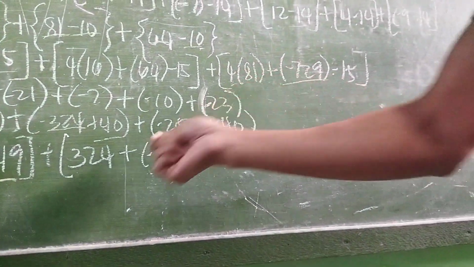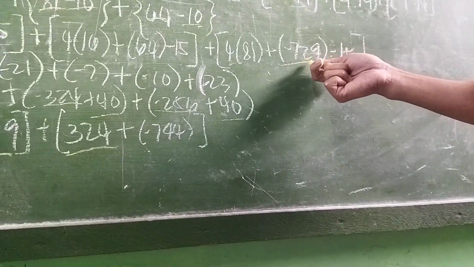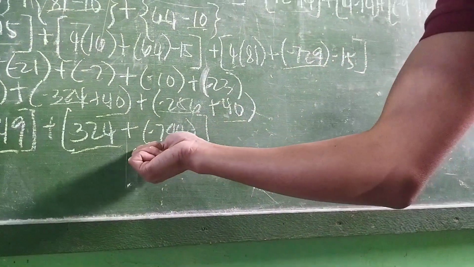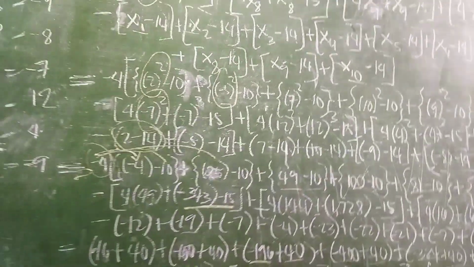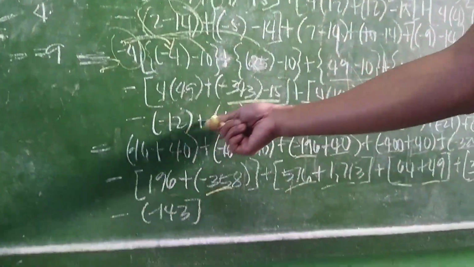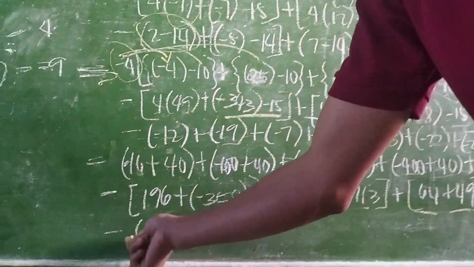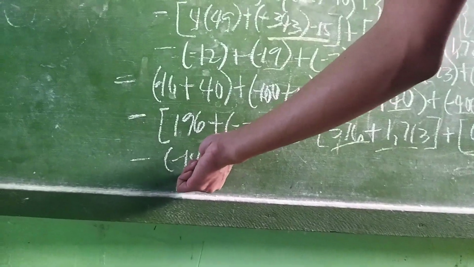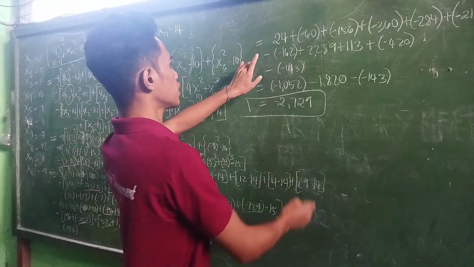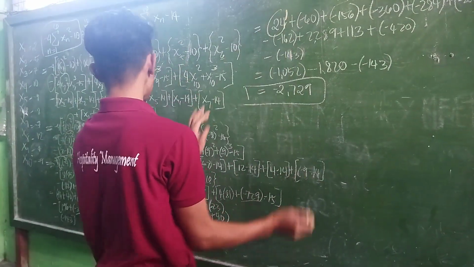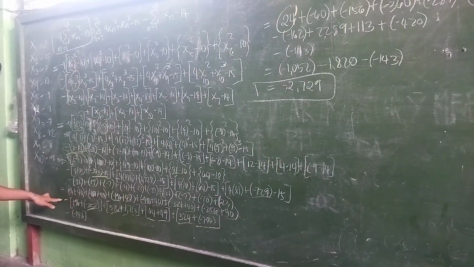Then 4 times 81 is equal to 324 plus negative 729 minus 15 is equal to negative 744. So just like what I said earlier, we sum all these numbers and it resulted here as negative 143.